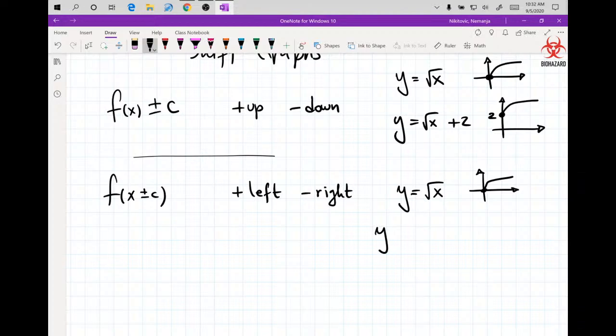And then you go y equals square root of x minus 2. Let's do plus 2, so you can compare it with the other shift. And the plus moves it to the left. So you will go 1, 2 units, and you will have your graph there.